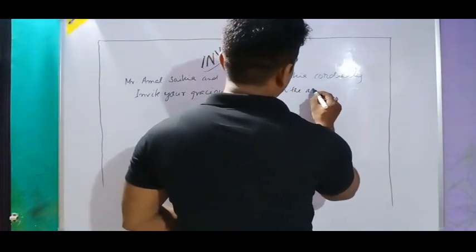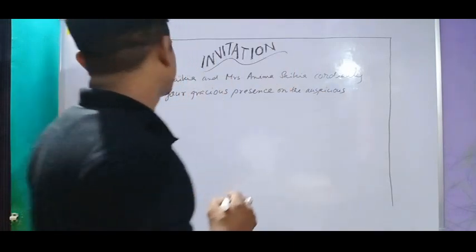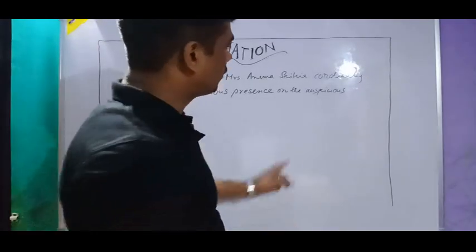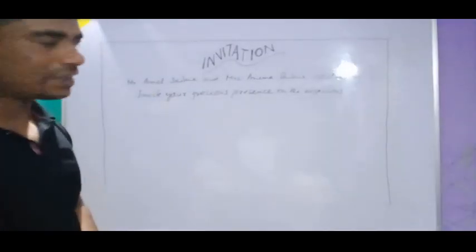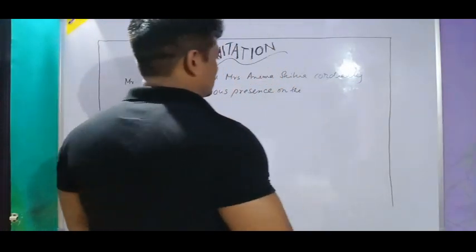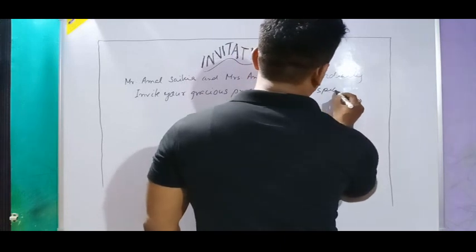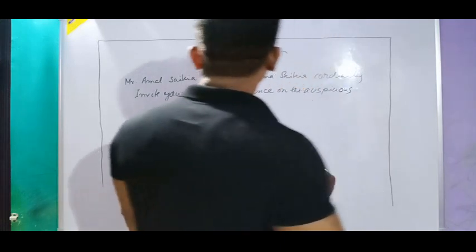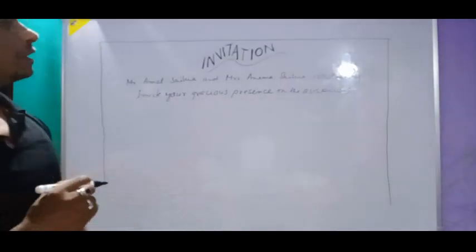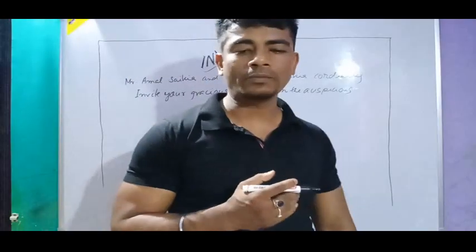On the auspicious. Here we can see I am writing like this, on the auspicious, or if I want I can take it a little bit closer to the line. The word auspicious can be written like this. Mr. Amal Saikia and Mrs. Anima Saikia cordially invite your gracious presence on the auspicious occasion of the marriage ceremony.